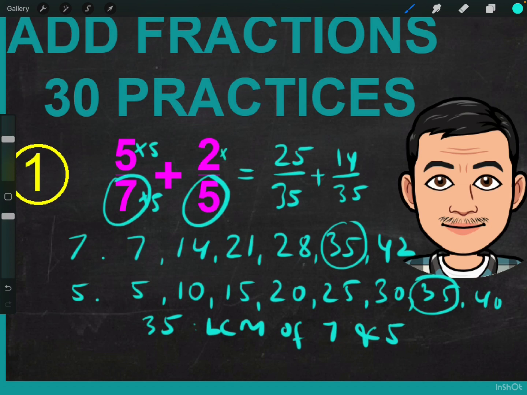We multiply both number 2 by 7 and number 5 by 7. Now the two new fractions have the same denominator, so we just simply add the two numerators. 25 add 14 equals 39/35, and that is the answer.